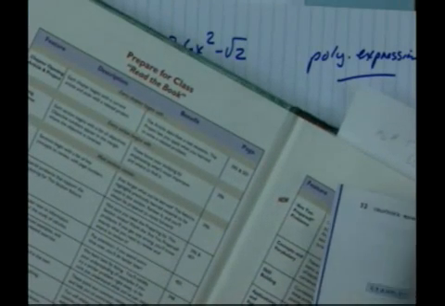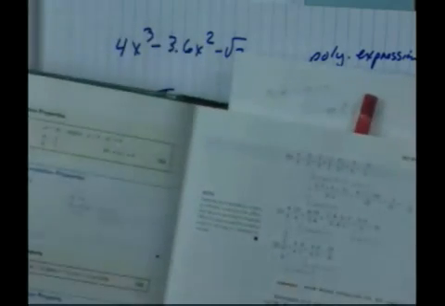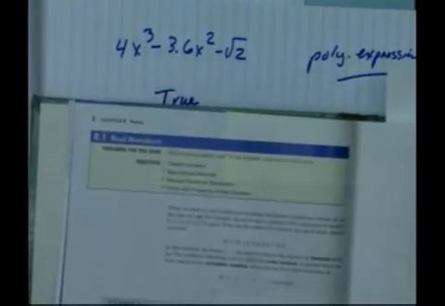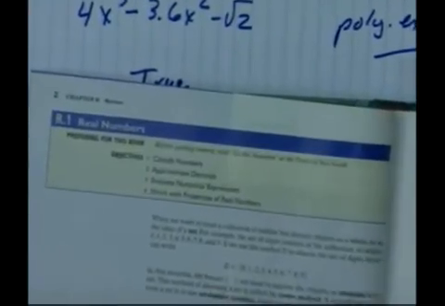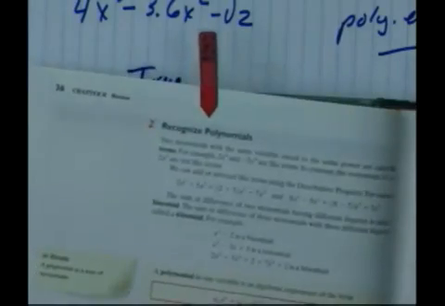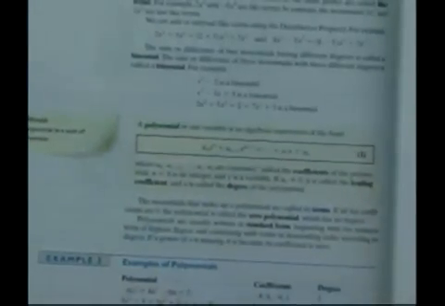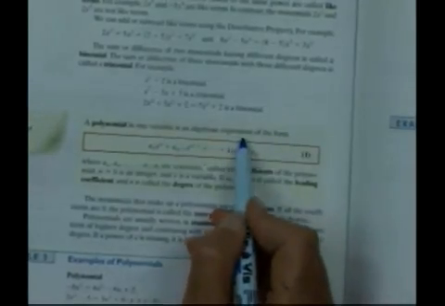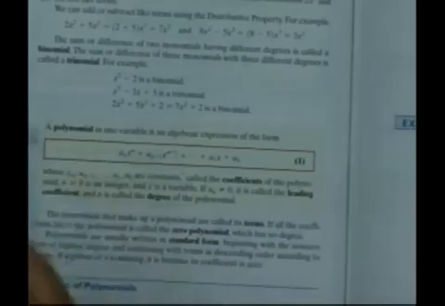And if real numbers were a problem, you need to go back to R1 in your book, right at the beginning, where it defines a real number. Real numbers are on page 2 of the book. Go back and look at those. Okay, so 36 and 37 is where it talks about what a polynomial expression is. Page 36 in the book.